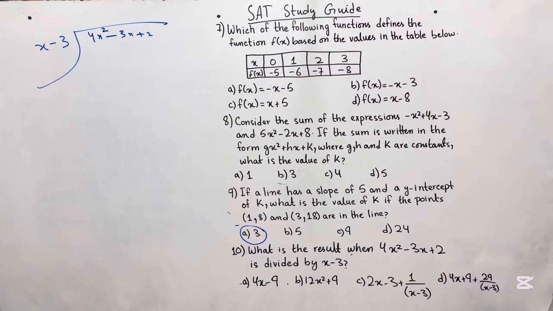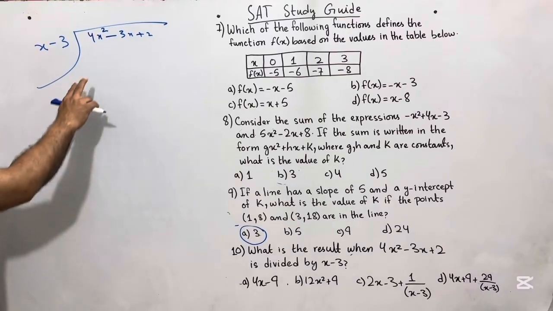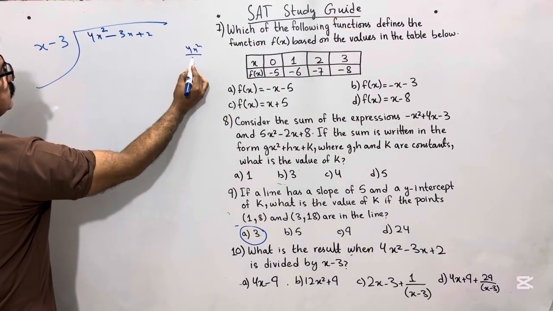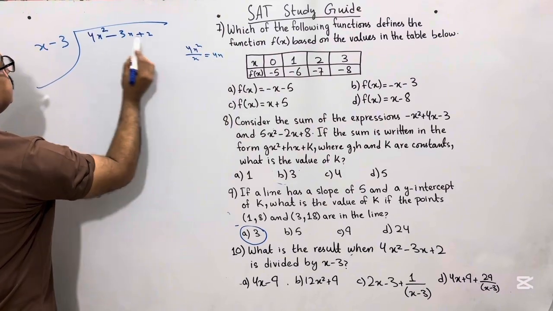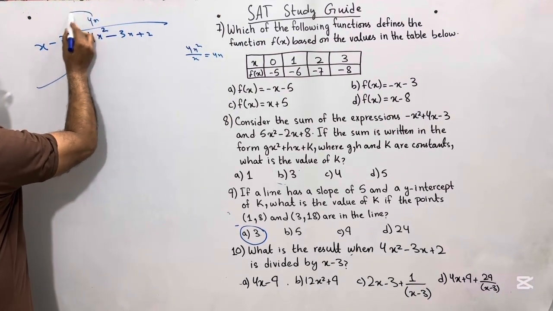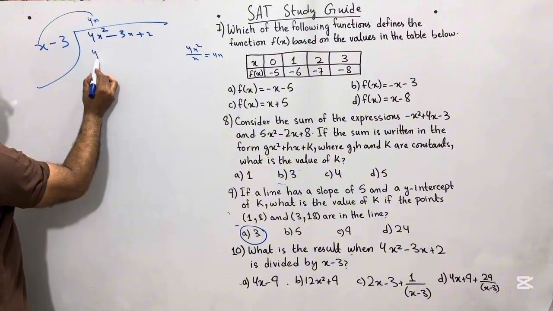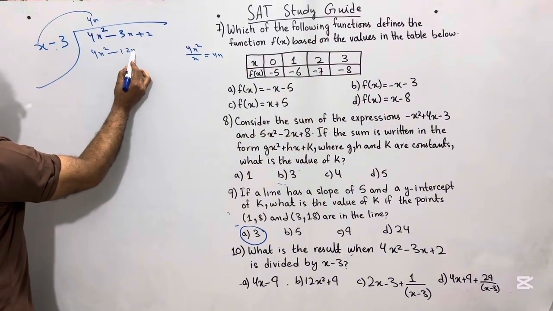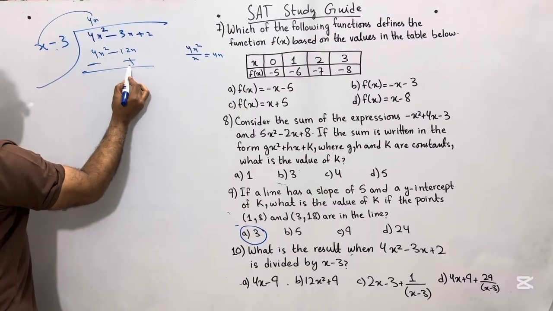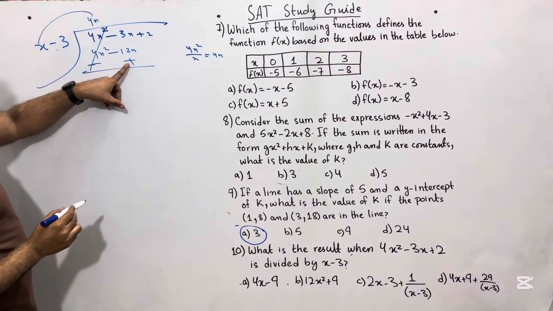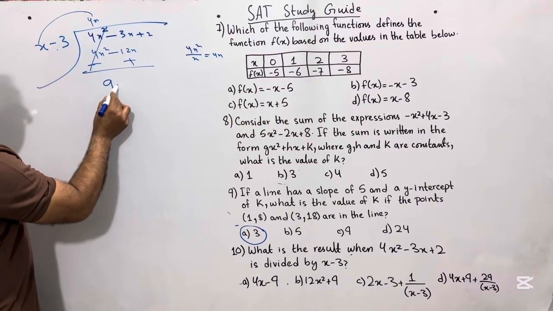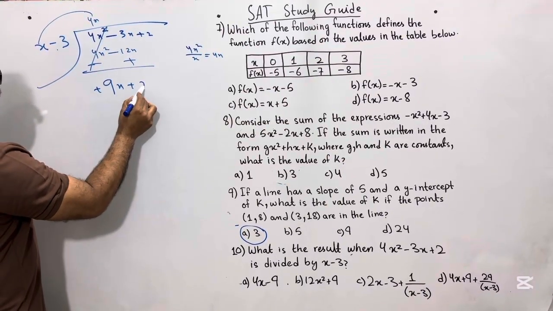Let's stick to orthodox division. 4x squared divided by x, the first term, gives 4x right here. 4x times x is 4x squared. 4x times negative 3 is negative 12x. Changing symbols, we have positive 12x, negative 3x. We are going to have positive 9x plus 2.